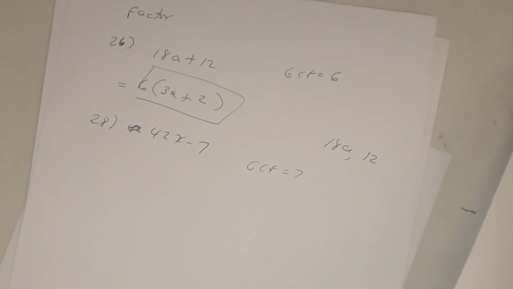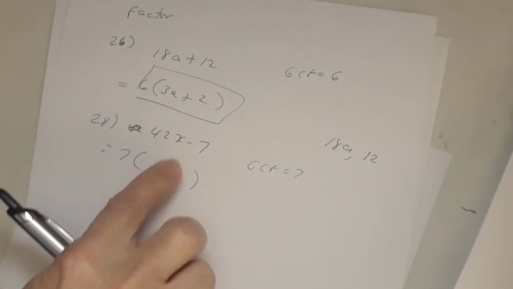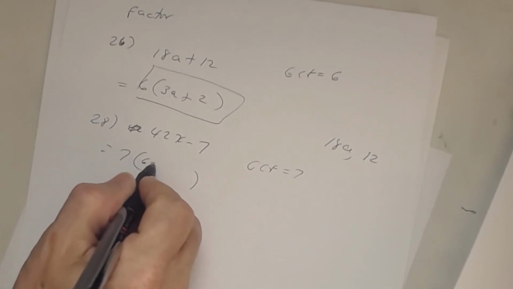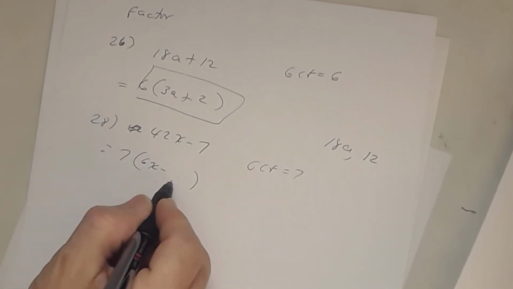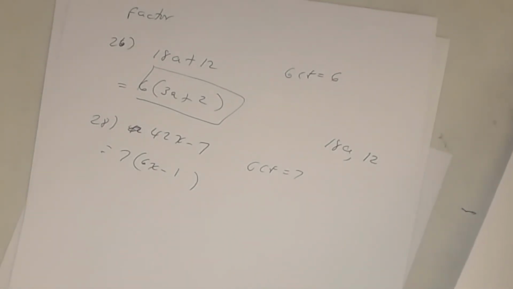Once you find the GCF, you're going to think the distributive property. So you say 7 times, and you put something in parentheses. Whatever you put in there has got to come back and give you the original polynomial. 7 times what's 42x? 6x. Minus 7 times what is 7? 1. So there's your answer: 7 times 6x minus 1.